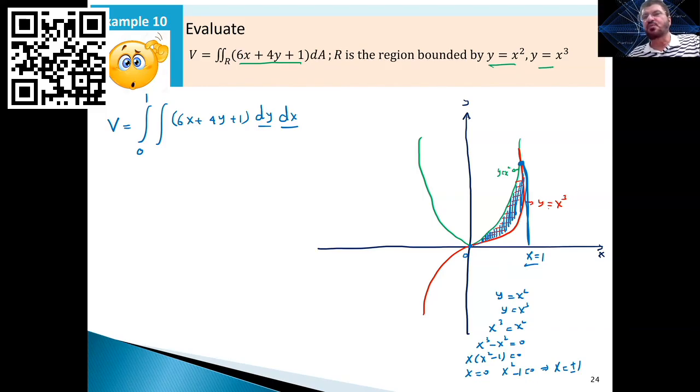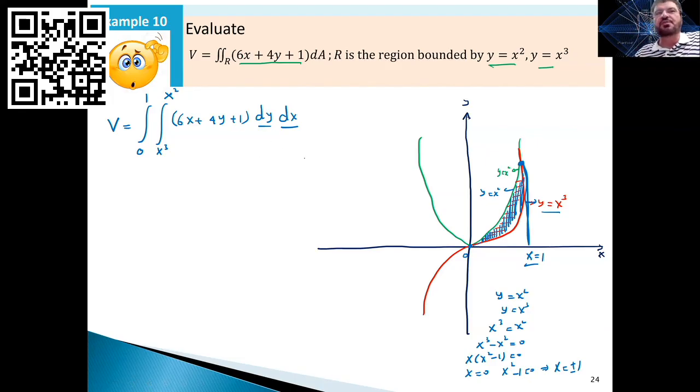Who's at the bottom? Y equal x cubed is at the bottom, and y equal x squared is the top. This is y equal x squared, the red one. That's it. This is the height of the blue line, from x cubed at the bottom to x squared on the top.